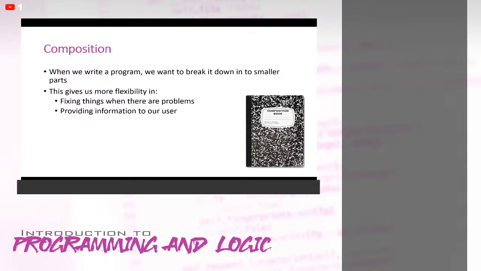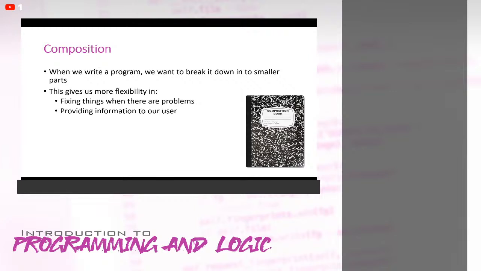So if we break our program down into smaller pieces, which we can start to do with variables, and test incrementally as we go, then we're able to fix problems when they arise, and we don't have to look through an entire program from top to bottom to figure out where things are wrong and need to be fixed.